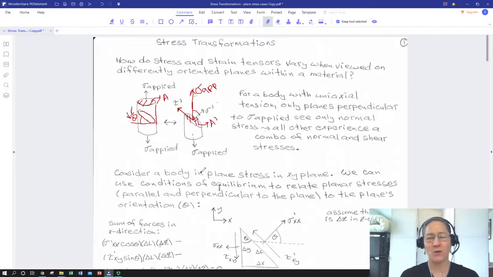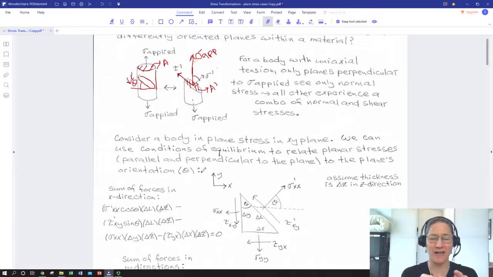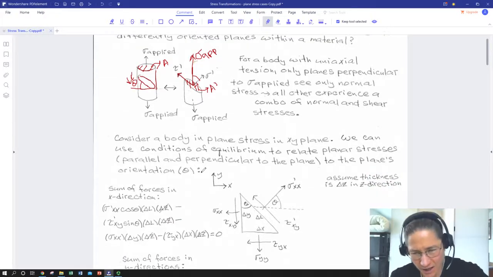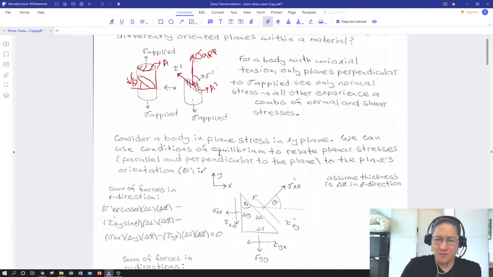So we're going to want to use a small element of material. We're going to go back to the ideas we explored with state of stress at a point, where we're going to use a differential volume element.